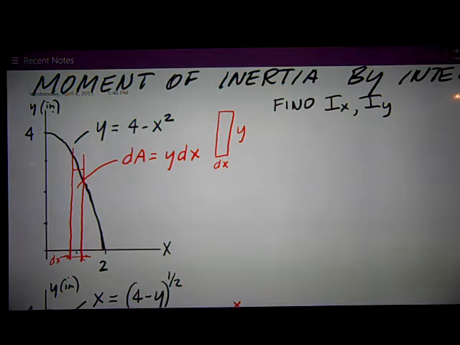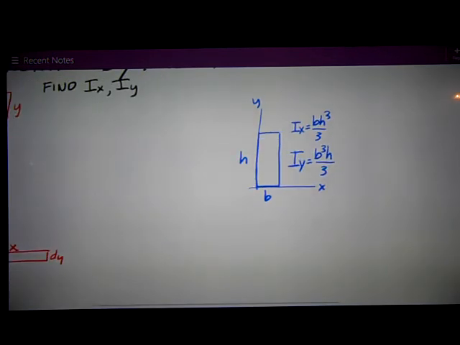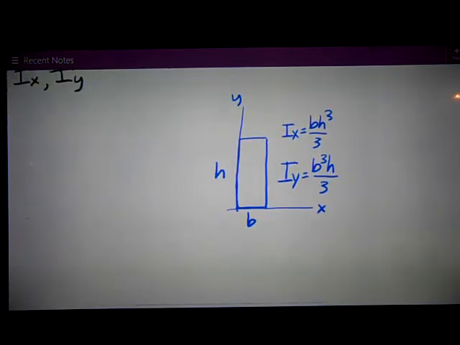So to do the moment of inertia about the x-axis, the trick I'm talking about is this little thing over here I've got in blue, where we've worked out a formula for this very special case of a rectangle with an x-axis on its base. And when you've got a rectangle with dimensions b wide and h tall, then the moment of inertia about the x-axis is bh cubed over 3.